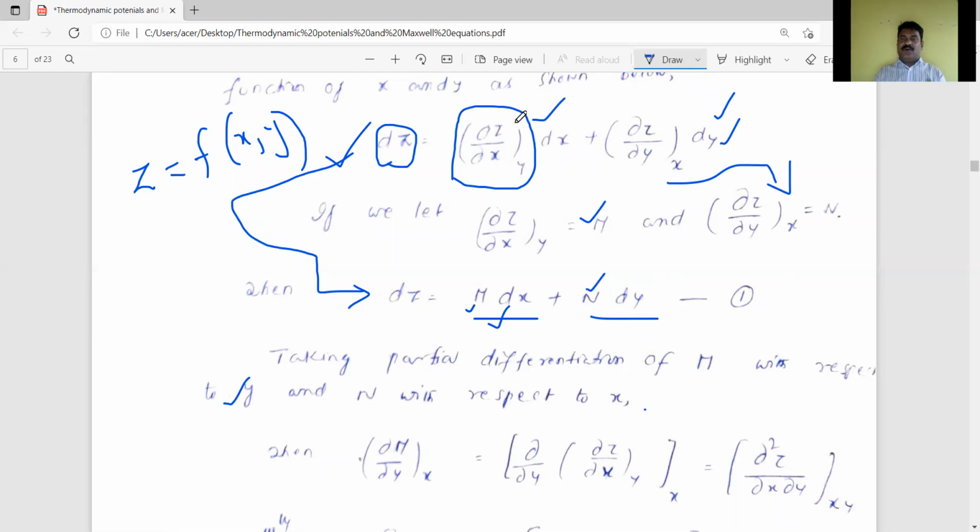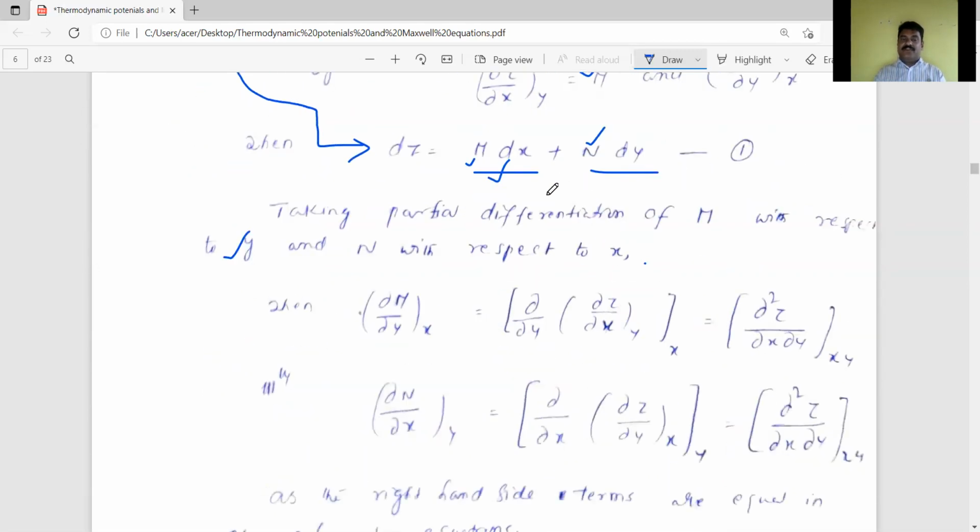Now, if you take partial differentiation of this with respect to y, how can it be written? ∂m/∂y. Instead of m, you can write ∂z/∂x at y. So, ∂m/∂y at x equal to ∂/∂y of ∂z/∂x at y, this whole partial differential at x.